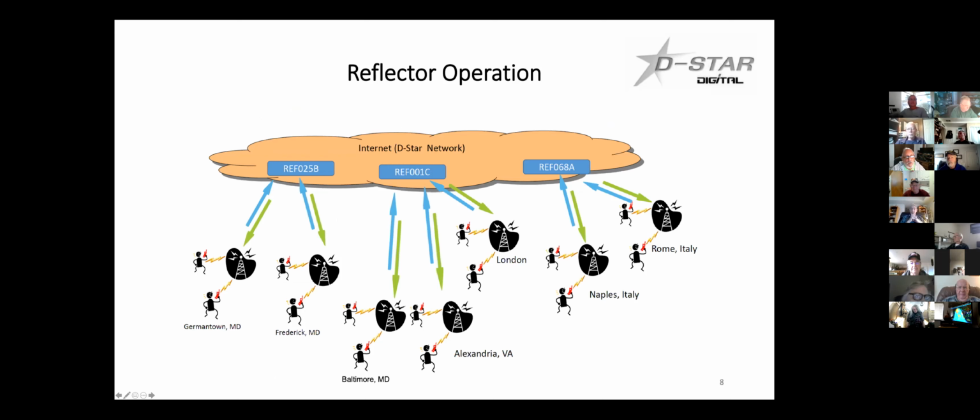Reflector 001C, or 1 Charlie, is located in London and is known as the D-Star mega repeater. And if you get on reflector 1 Charlie or reflector 30 Charlie, you will hear people from all over the world. So the people in Baltimore, Alexandria, and London that are communicating through those repeaters and are linked to that reflector can all talk to each other.